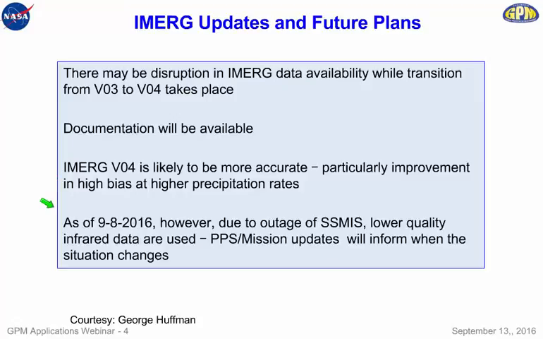Also, one of the comments here says that on 8th of September, one of the constellation instruments, SSMIS, was not available. And so that gap has been filled with geostationary infrared data, which are somewhat lower quality, not as accurate as microwave.